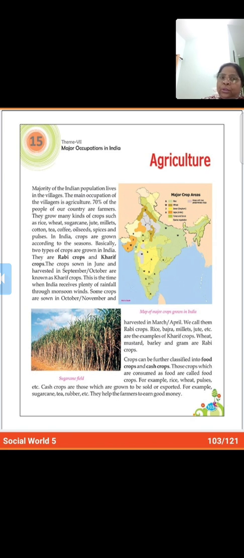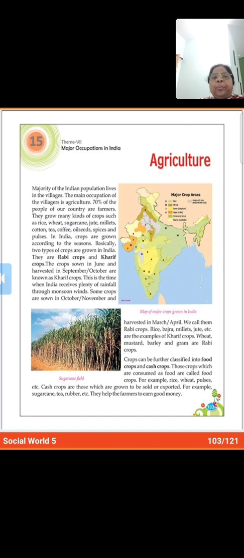So, as I told you that India is an agricultural country and a majority of the Indian population lives in villages. And agriculture is their main occupation. Those who adopt agriculture are called farmers.